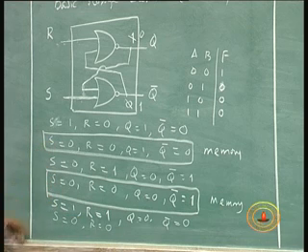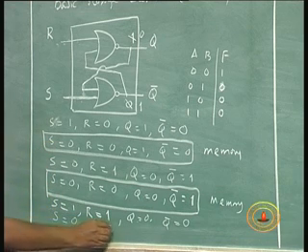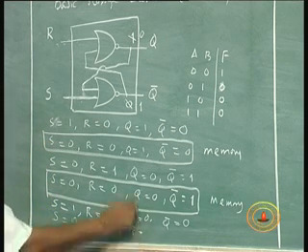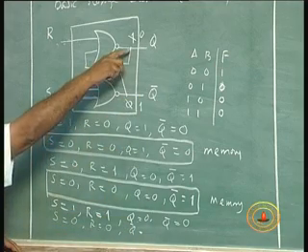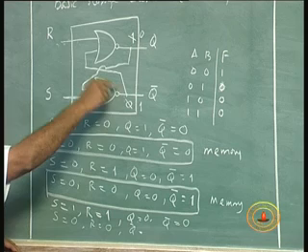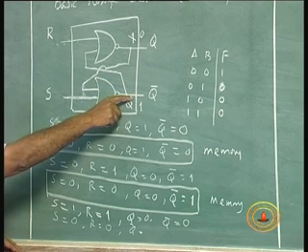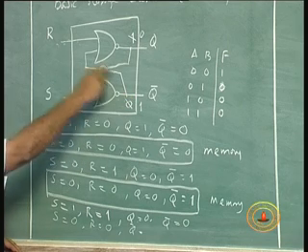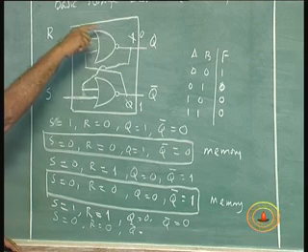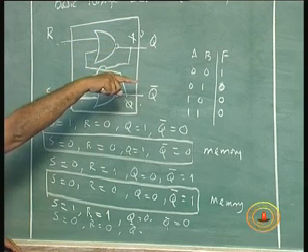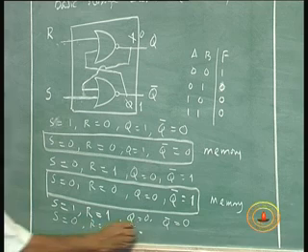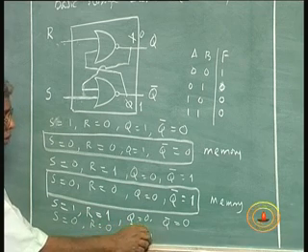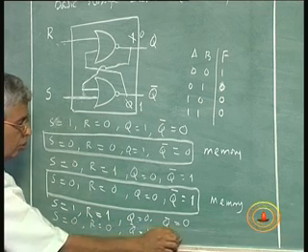If I analyze this way, since this is 0, this is 0, this will produce 1 and this one will go here and make 1 0 0. So, Q bar is 1, Q is equal to 0.